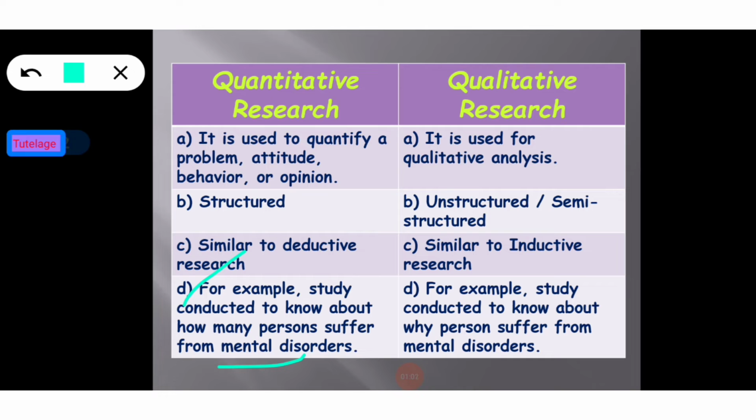On the other hand, in qualitative research, a study is conducted to know why a person suffers from a mental disorder. So it tells about the why. It provides understanding of the problem, attitude, or behavior. That is the basic difference between quantitative and qualitative research, and I think this is clear. Now move on to the next slide.